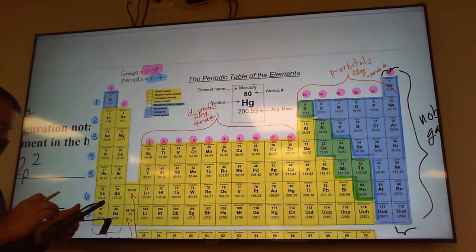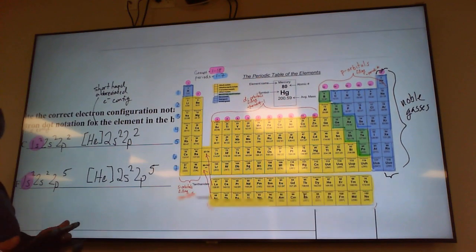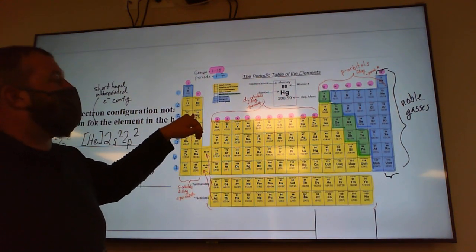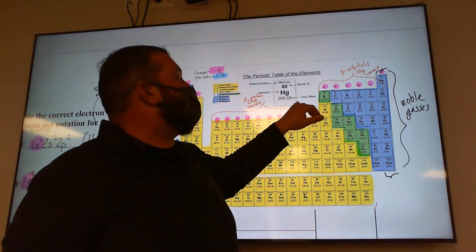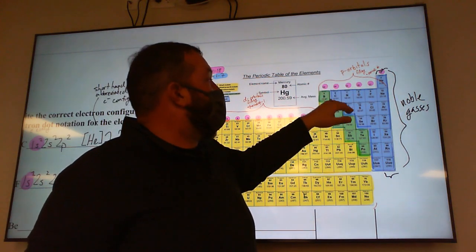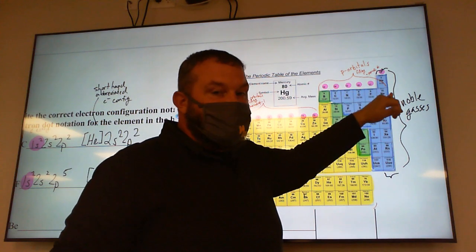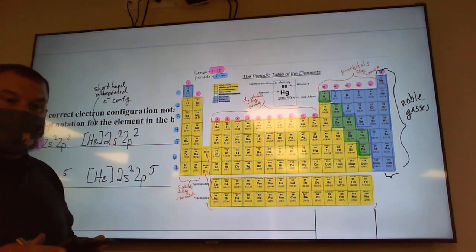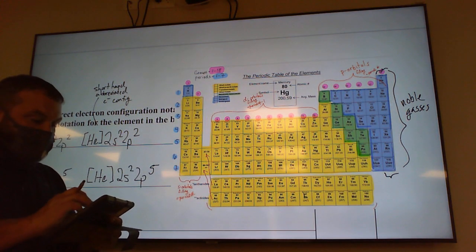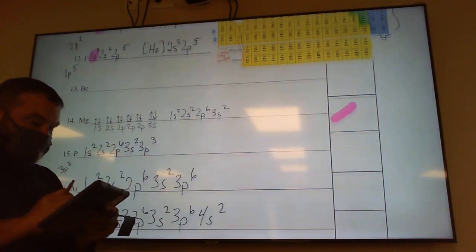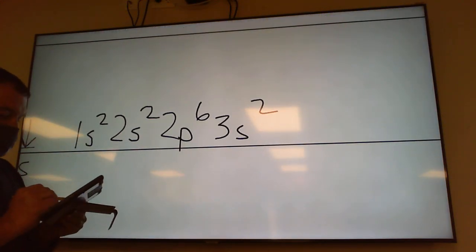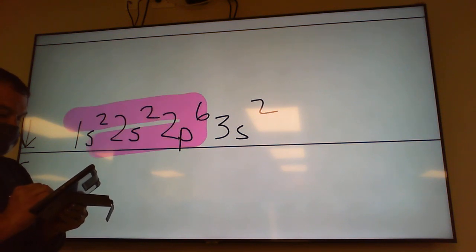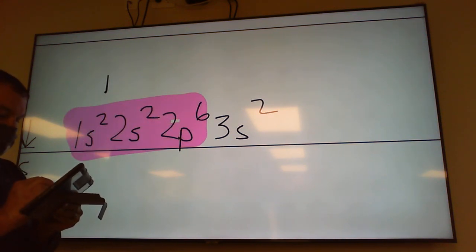Okay? So let's get back to magnesium. Magnesium's noble gas is neon. I know that neon ends in 2p, 1, 2, 3, 4, 5, 6. I know that neon ends in 2p6. So because neon ends in 2p6, if I take a look at this configuration, this is essentially neon.